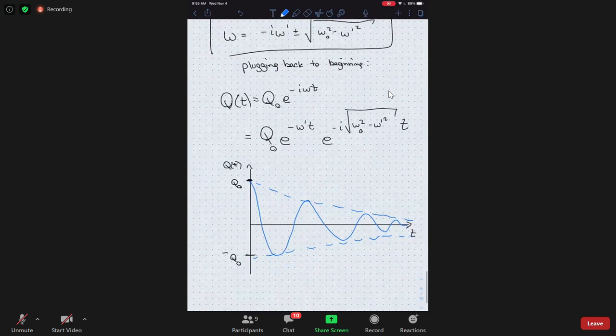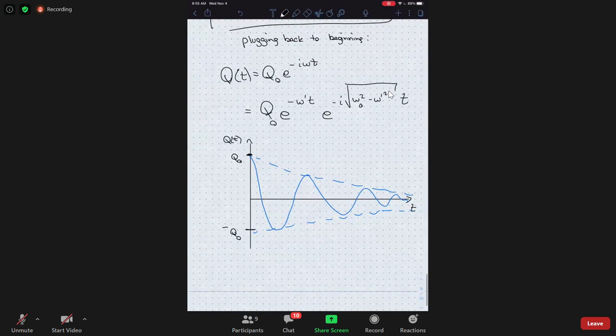And so you can figure out now for an RLC circuit, the resonant frequency of that circuit is equal to this whole mess, right?